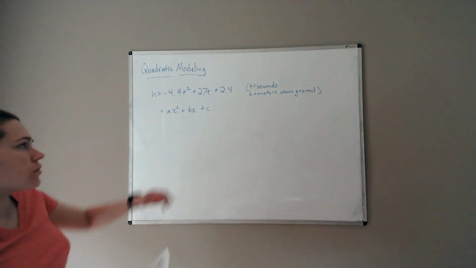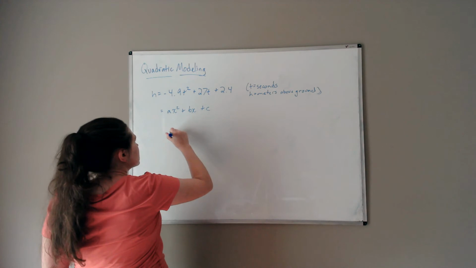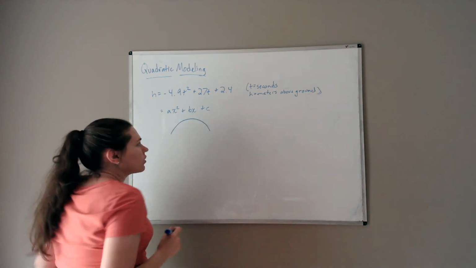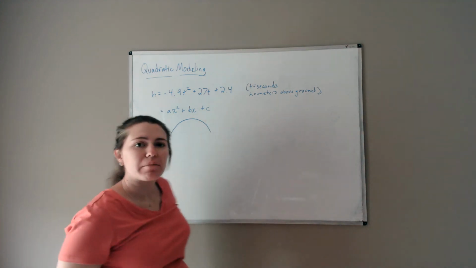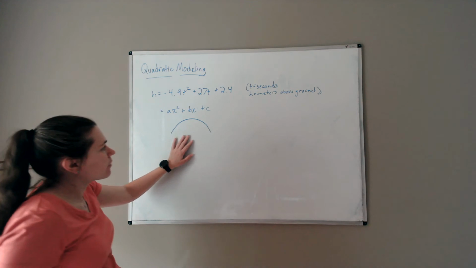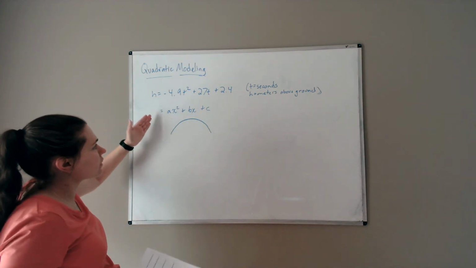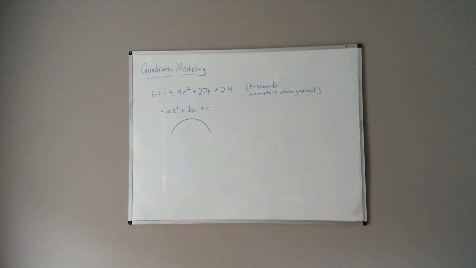Vertical motion, projectile motion, is basically that saying we have in physics: what goes up must come down, and it's going to come down rather symmetrically. Most vertical motion models, if not all, are going to follow the path of a quadratic.